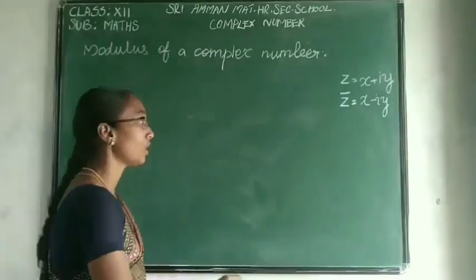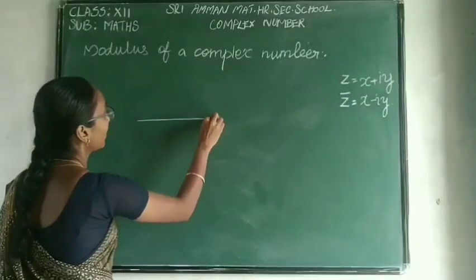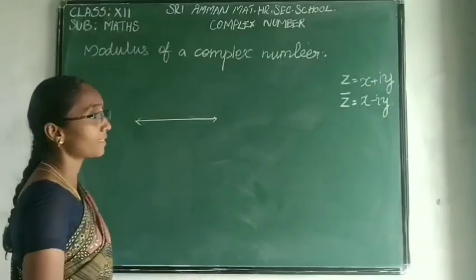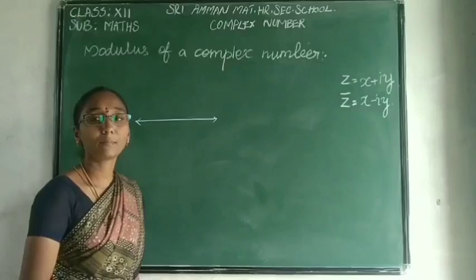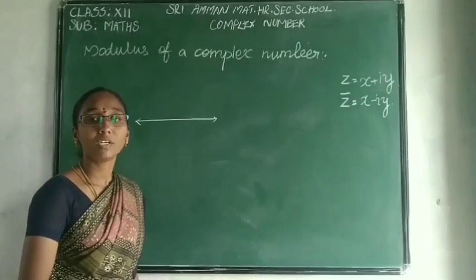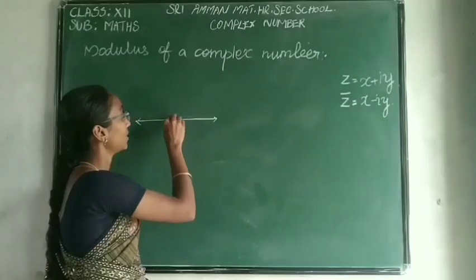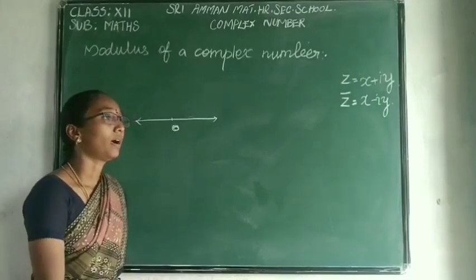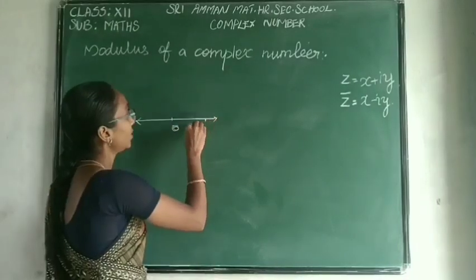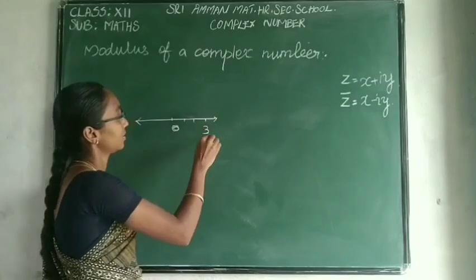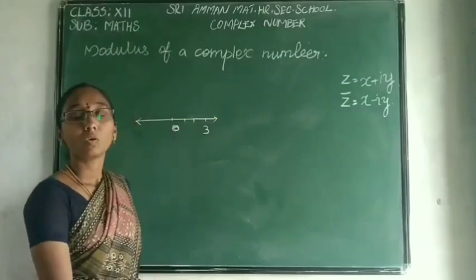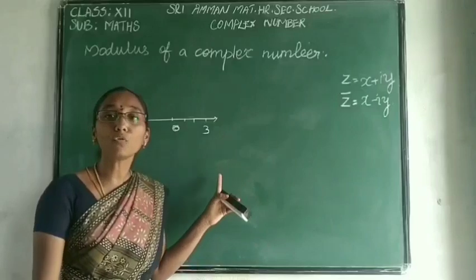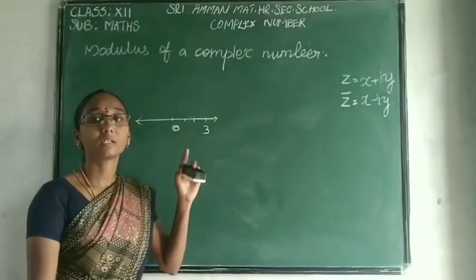Now I consider a real number line. This is the real number line. This is 0. I consider here 1, 2, 3. Now, the absolute value of 3.